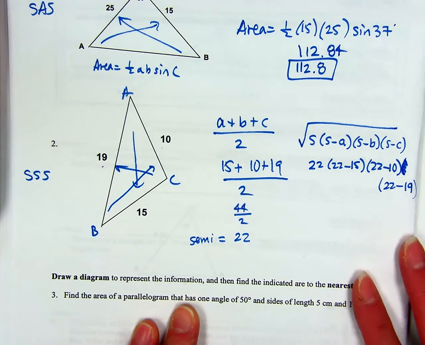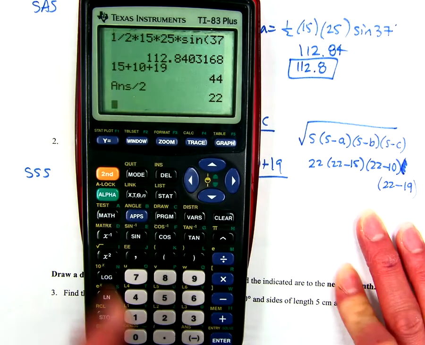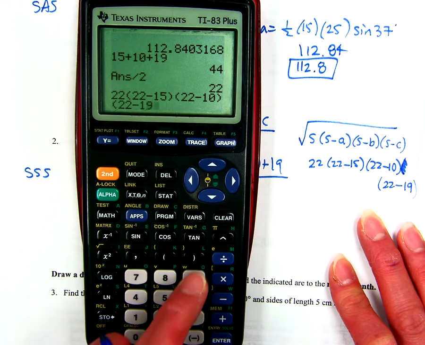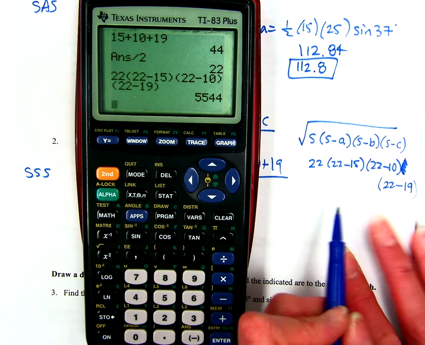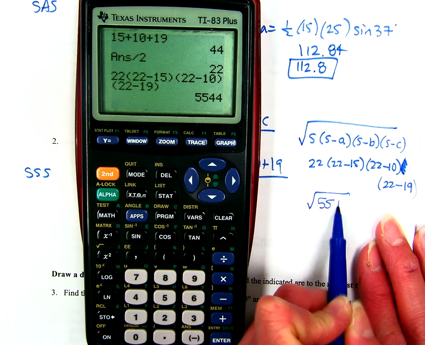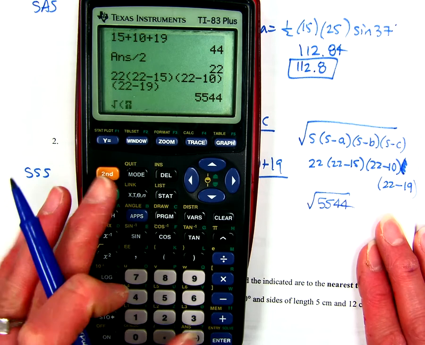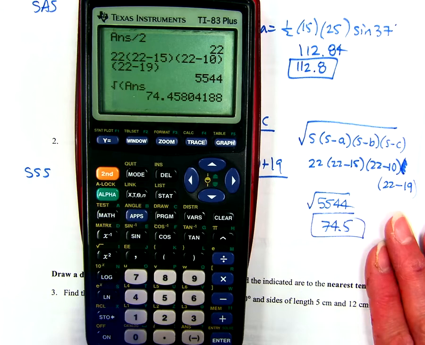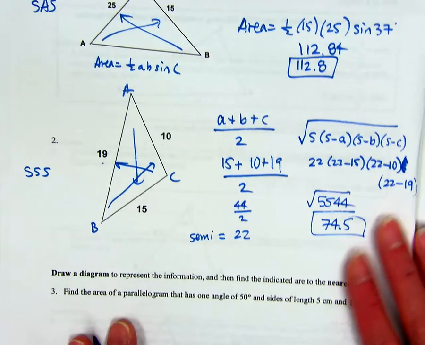I'm going to type all this in my calculator: 22 times 22 minus 15 times 22 minus 10 times 22 minus 19. Now that's not my answer. I have to take the square root of all that, and then that's my answer. So it's 74.5.